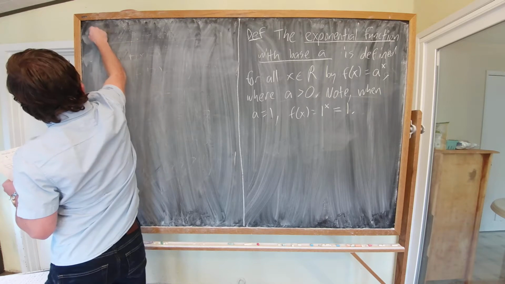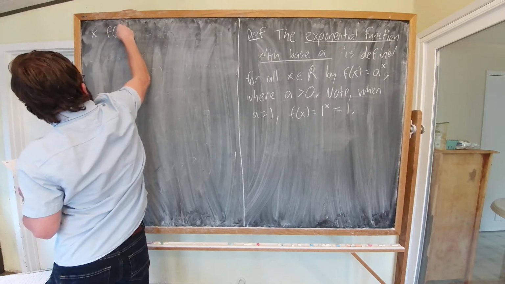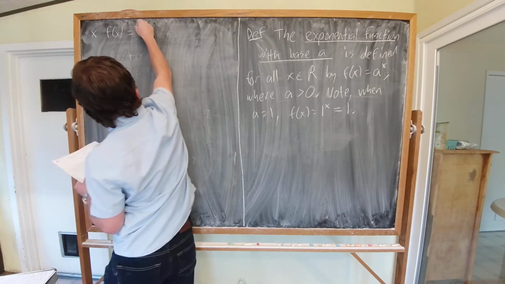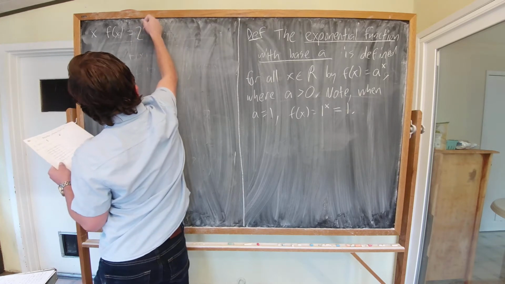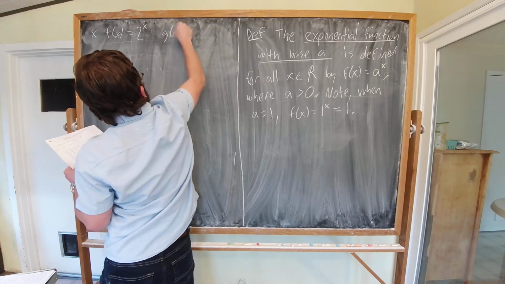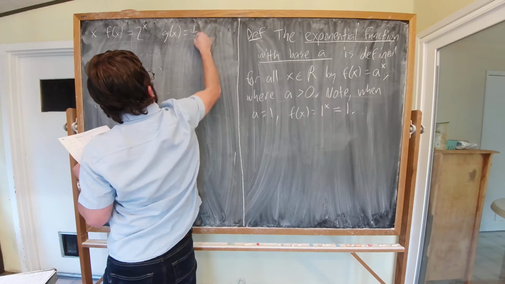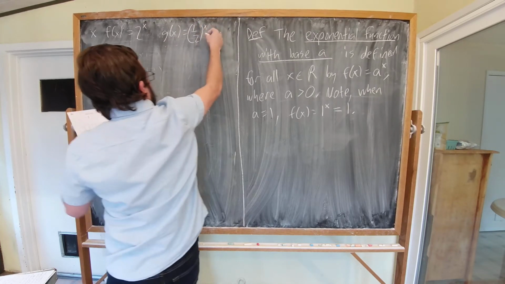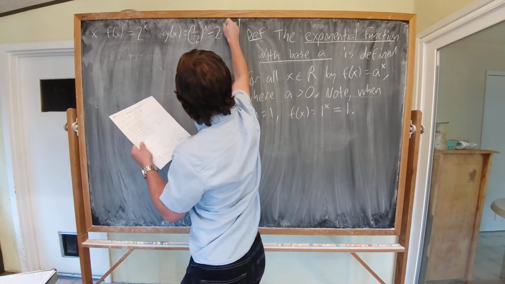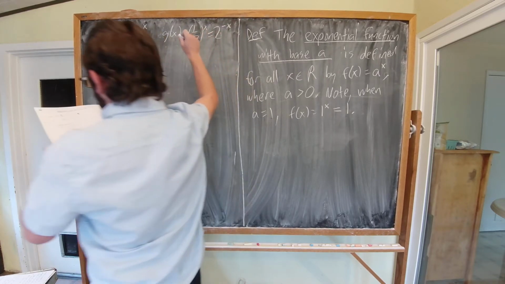Alright, so let's do it by a table, since we don't really have any other way at this moment. So we have f of x equal 2 to the x, and g of x equal 1/2 to the x power, which we'll note is 2 to the negative x power.